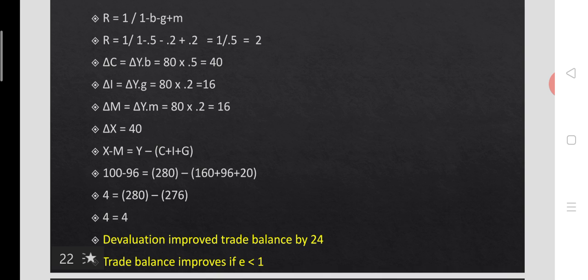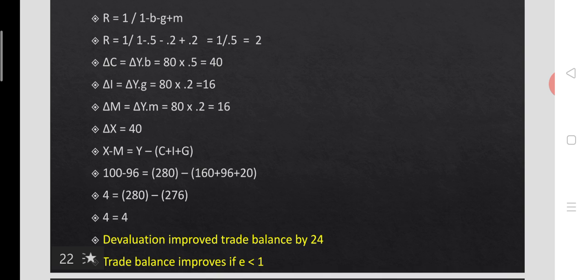Then 100 is the total export after devaluation here, minus 96. 96 is the total import in this case, as import is increased by only 16 million US dollars.